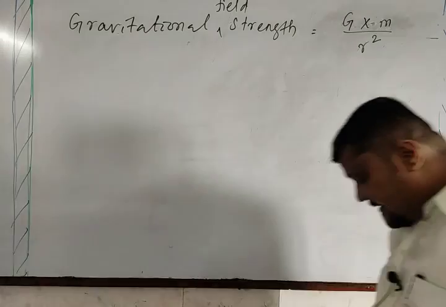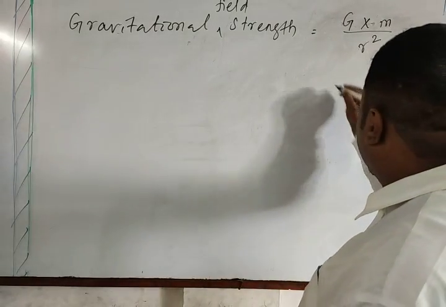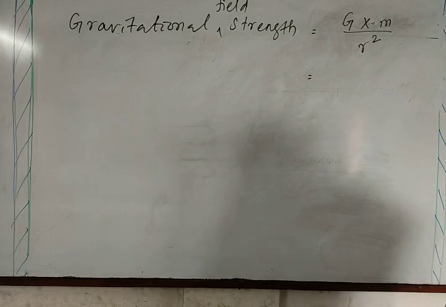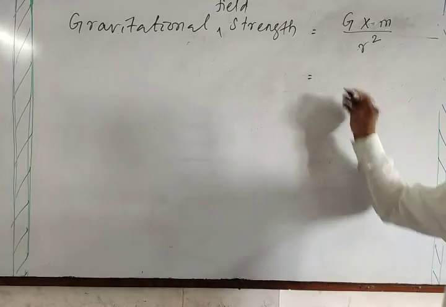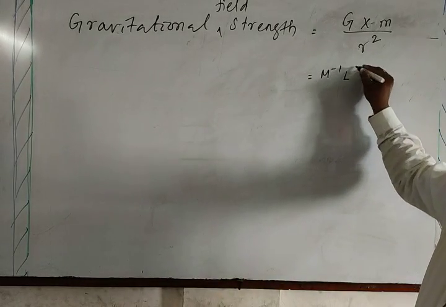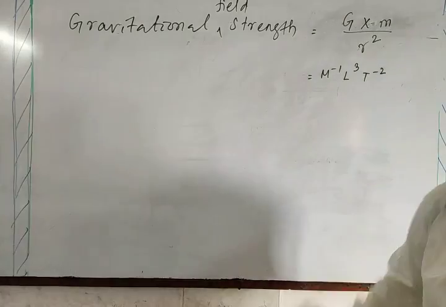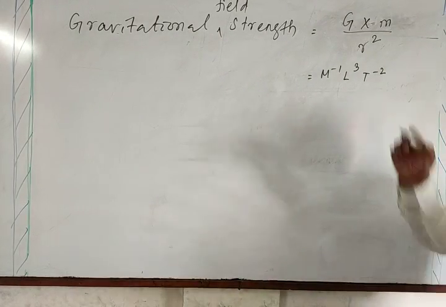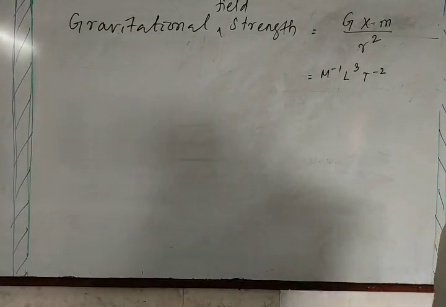But what distance? The distance from the body. Already you know the dimensional formula of G is M minus 1 L3 T minus 2.